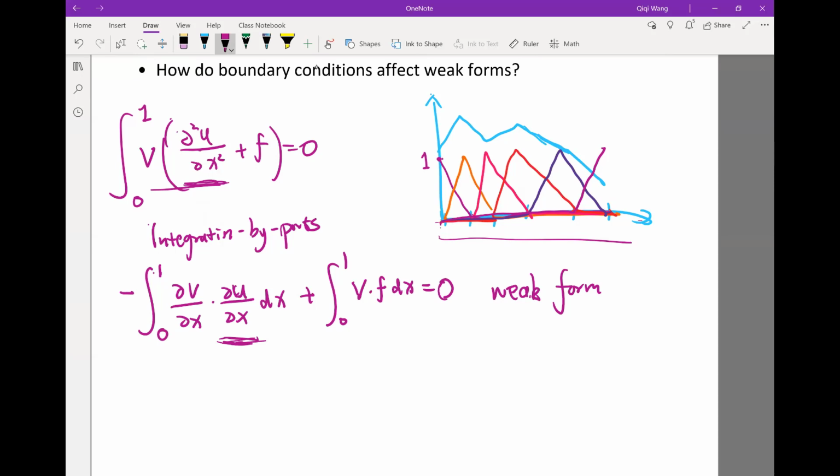The other type of boundary condition is a derivative boundary condition. The derivative boundary condition doesn't give us a reduction in the unknowns, but it is going to change the weak form, because the integration by parts is going to give us some additional boundary terms. So the weak form has an additional term that we have to take care of in the finite elements.